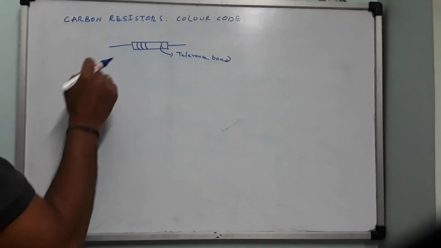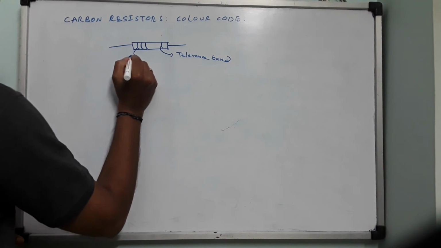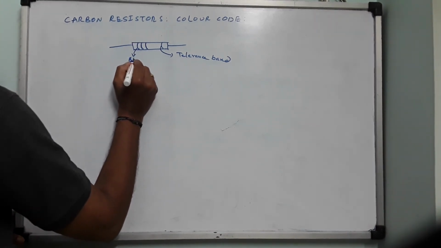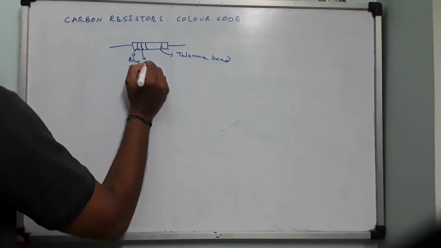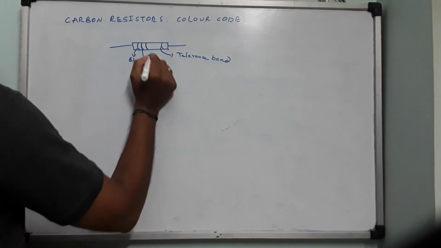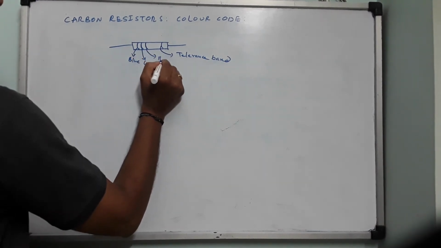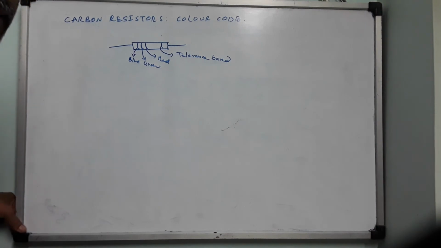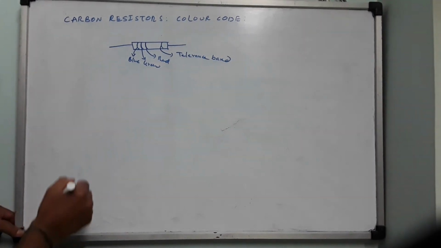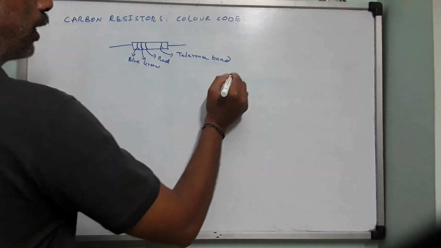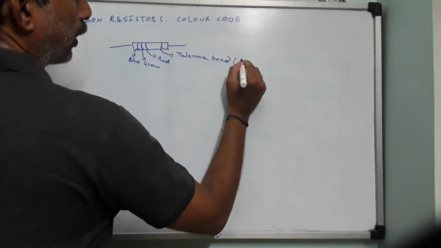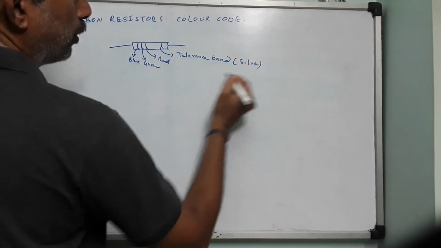Okay. So how these colors, suppose this is blue. Primary colors I am writing. Blue. This is green. And this is red. So a carbon resistor is coded with blue, green, red as shown in the figure, with a tolerance band in a silver color, for example.